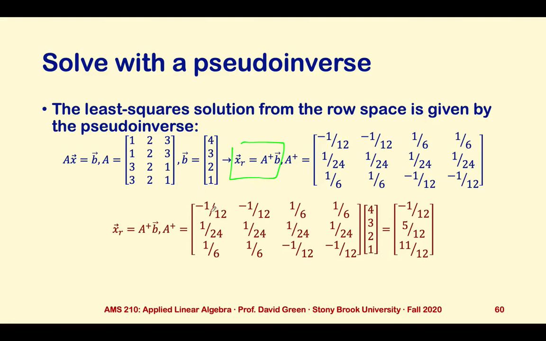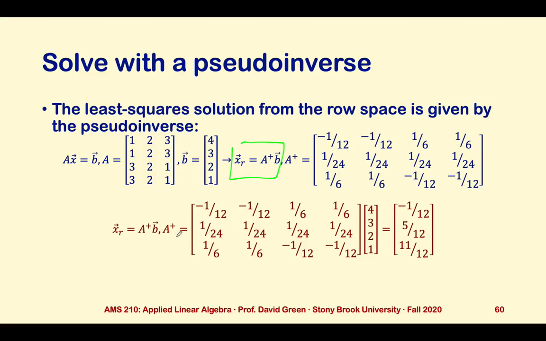This gives us negative 1/12 times 4, negative 1/12 times 3, that's negative 7/12, plus 2/6, plus 1/6, so 3/6, which is 6/12. Negative 7 over 12 plus 6 over 12 is negative 1/12.